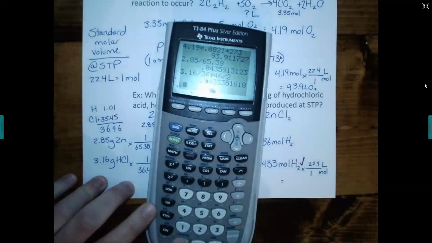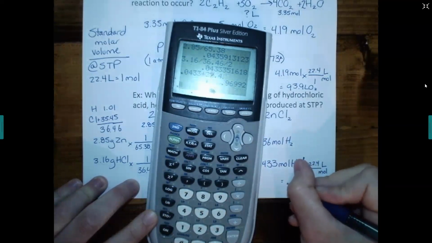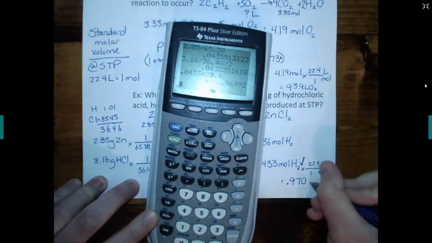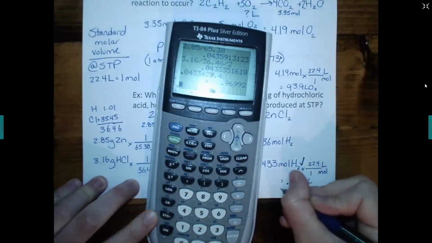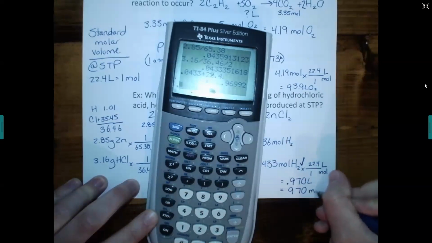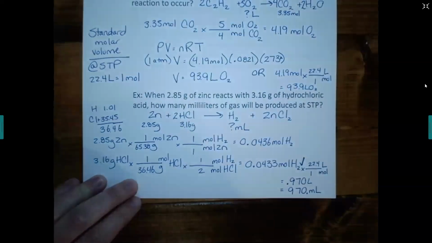So 0.0433 times 22.4, and that would round to 0.970. That's in liters, so in milliliters, that would be 970 milliliters. I put a decimal at the end to keep my 3 sig figs. So that's option 1.